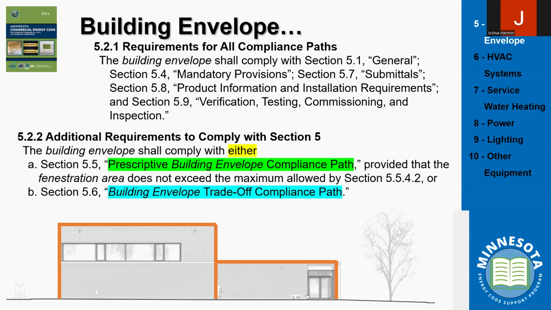When we look at the code, it tells us that in section 5.2.2 our building thermal envelope has to comply with either the prescriptive compliance path or the building envelope trade-off path. So really, what we may end up having is actually 4 compliance paths. We have the prescriptive building path, we have the prescriptive envelope path, we have the building trade-off path, we then have our cost budget analysis and our performance path.